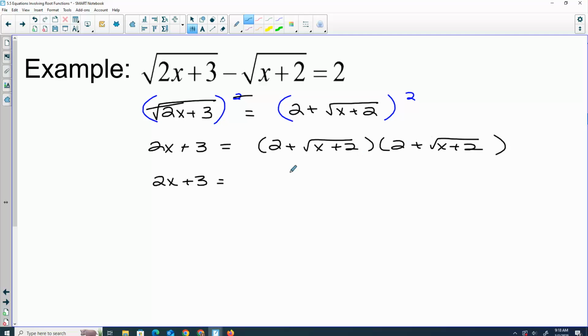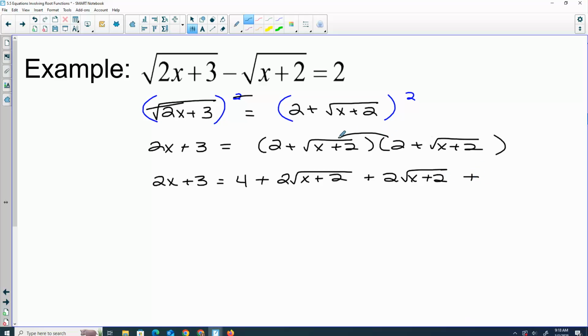So when we multiply, 2 times 2 is 4. 2 times the square root of x plus 2. Something must be on the root. So the 2 stays outside the radical. And multiply these. The 2 stays outside the radical.